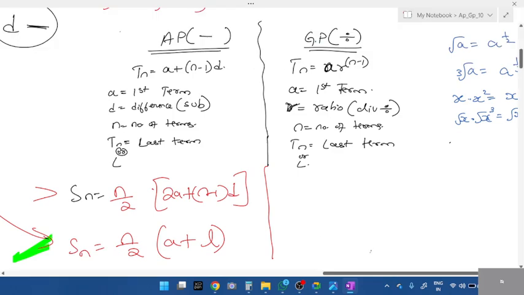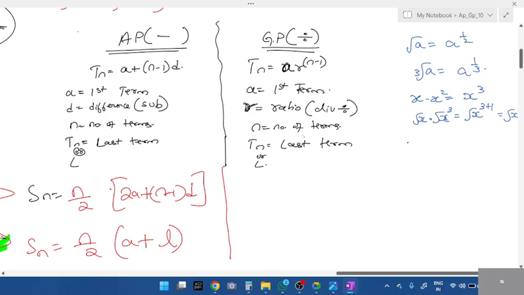We did GP formula. We know what all these formulas stand for. Next, if you want to find the sum, for example, 3, 6, 12, 24 is given. How do you find the ratio R here? All of you respond. This is a GP question. How do you find ratio? 6 divided by 3.